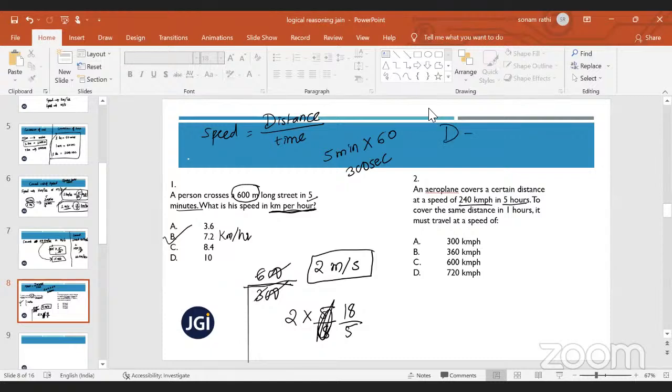So distance is equal to speed into time. Speed is 240 kilometer per hour, and this is hour, so no problem, same unit. 240 into 5 is how much? 1200 kilometers. This is your distance.